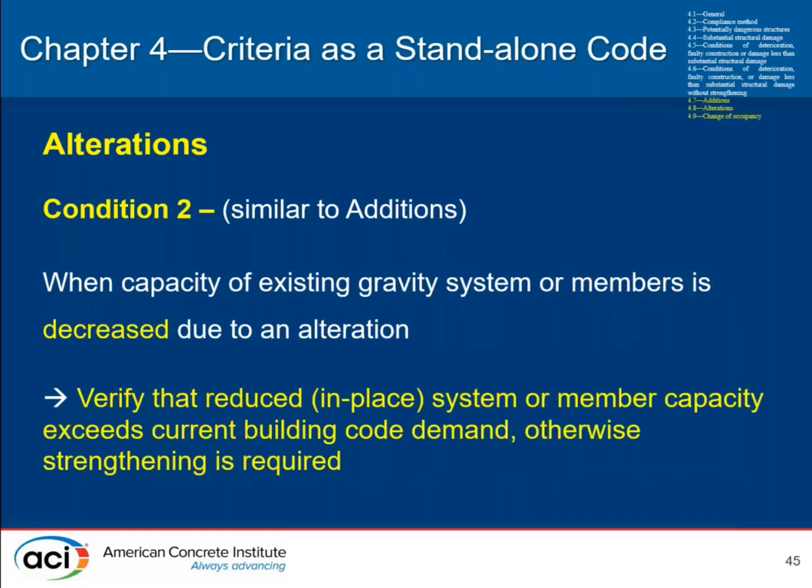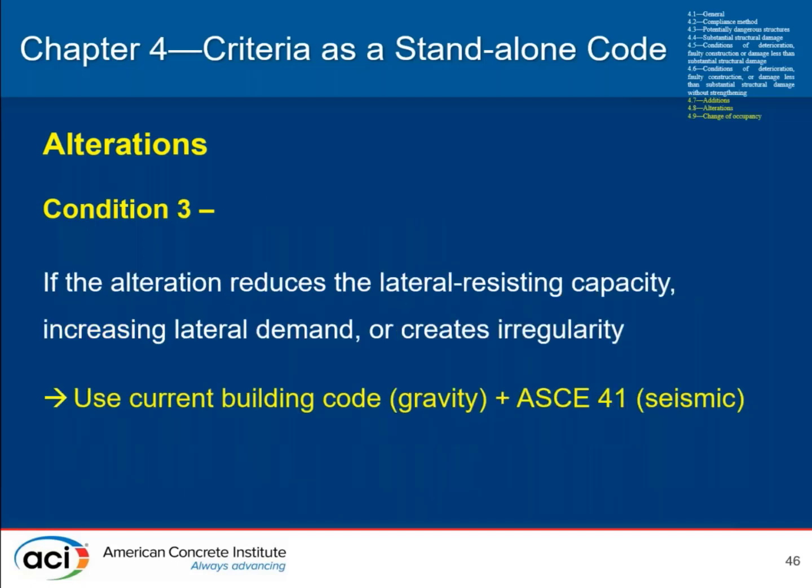If the capacity of an existing gravity system or member is decreased due to an alteration, then you need to verify that the reduced in-place system or member capacity exceeds the current building code demand, and strengthen if it doesn't. If the alteration reduces the lateral load resisting capacity, increases the lateral demand, or creates irregularity, you're going to be using a combination of the current building code for gravity load paths and ASCE 41 for seismic load paths.